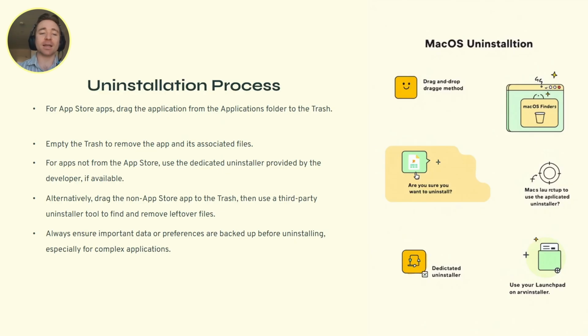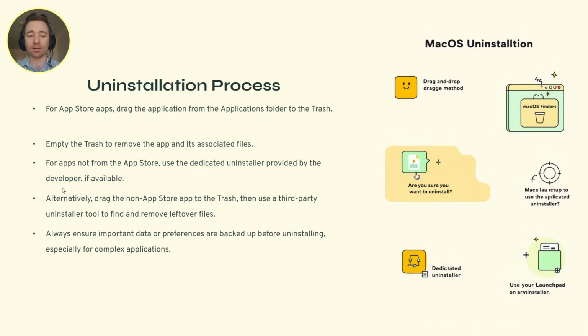Now, the uninstallation process. There are different ways of uninstalling these different file types that we have just discussed, depending on what you want to do, how detailed you want to be, and the type of file we're talking about. So for App Store apps, you can just drag the application from the applications folder to the trash. Empty the trash to fully remove the app and its associated files. But for apps not from the App Store, you're going to have to use a dedicated uninstaller provided by the developer if that is available.